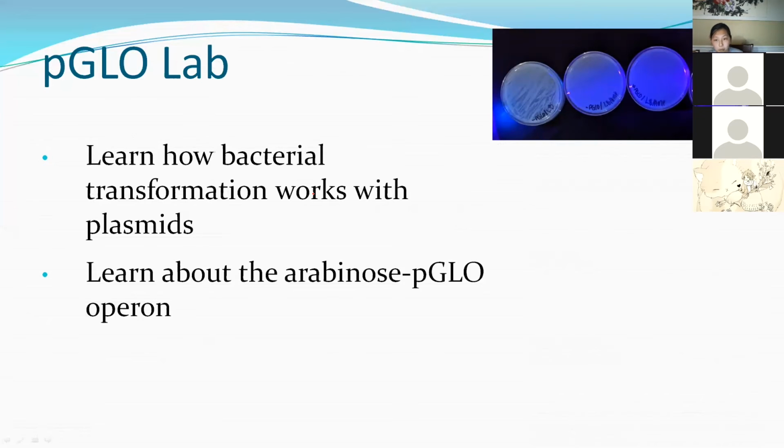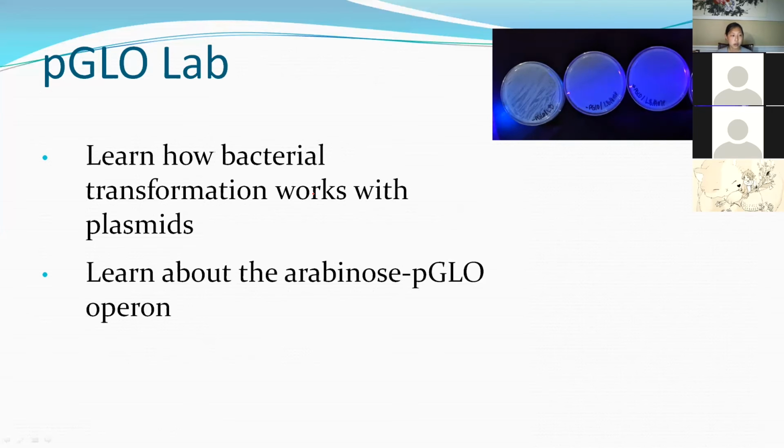Another big lab that we did was the pGlow lab. Basically, bacteria, E. coli specifically, is put in an environment with plasmids, which are tiny loops of DNA. So it has to take up this DNA, and then we put it on plates, some with nothing and some with antibiotics, and see how it reacts.